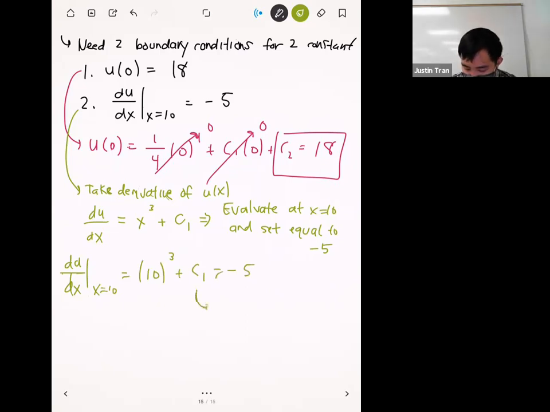We can solve for C1 from this, and we get that C1 is going to be equal to -1005.